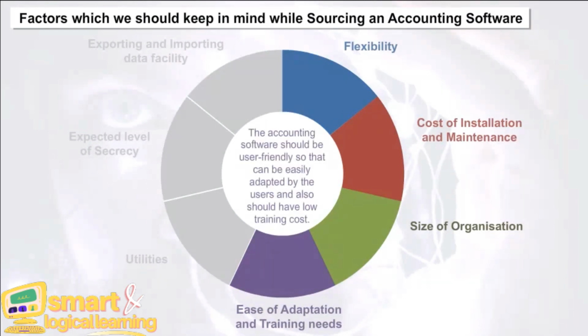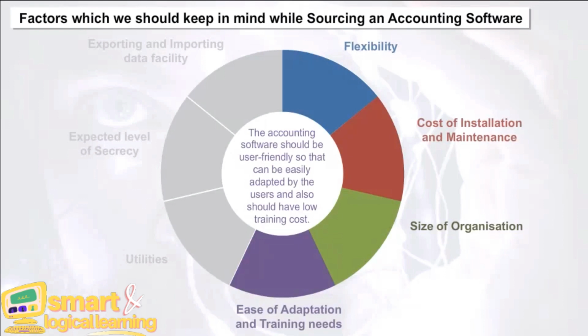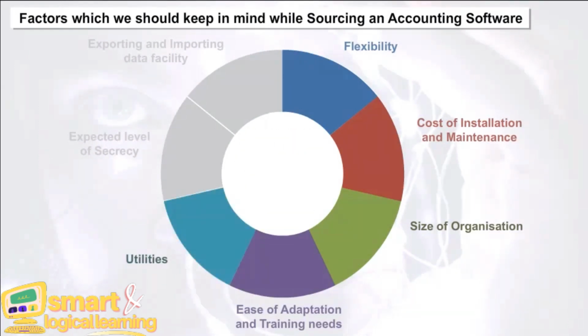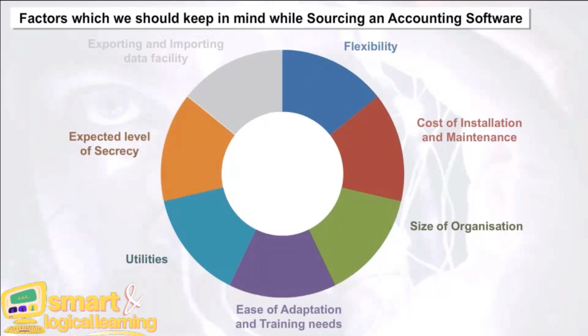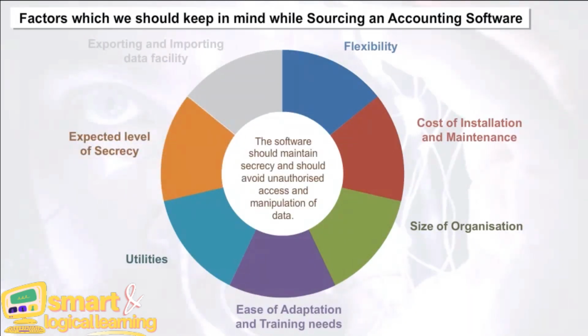The accounting software should be user-friendly so that it can be easily adapted by the users and should also have low training cost. Utilities. The MIS reports and how much they are being used in the organization also affect the choice of software. Expected level of secrecy. The software should maintain secrecy and should avoid unauthorized access and manipulation of data.